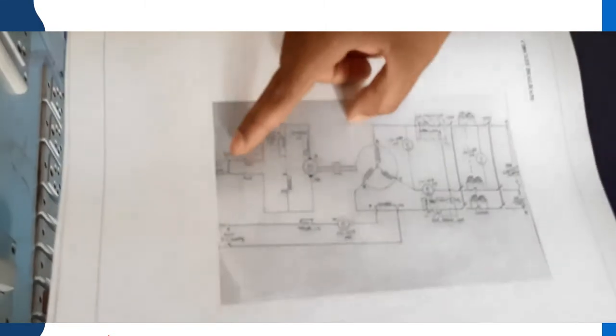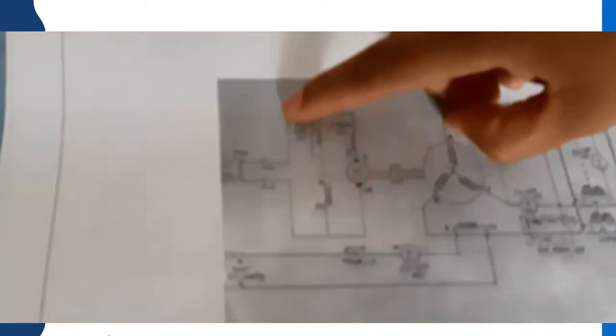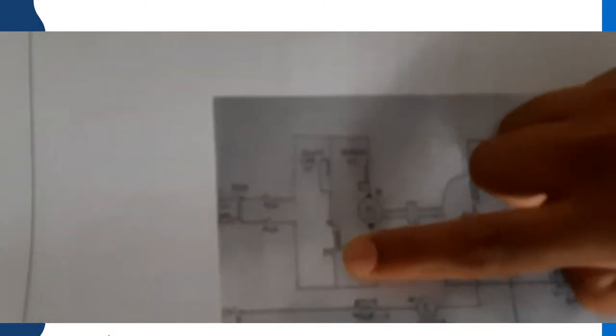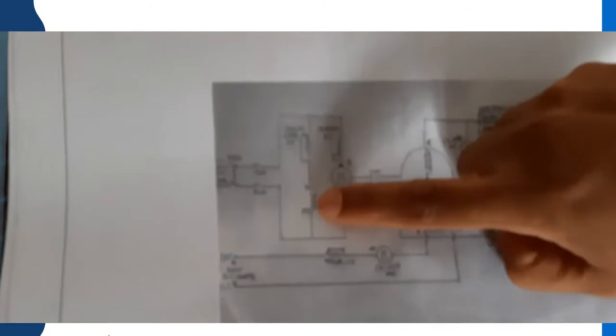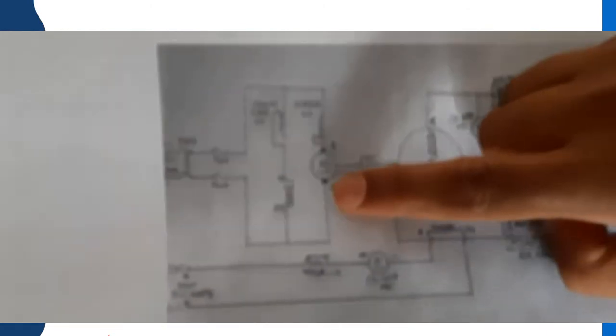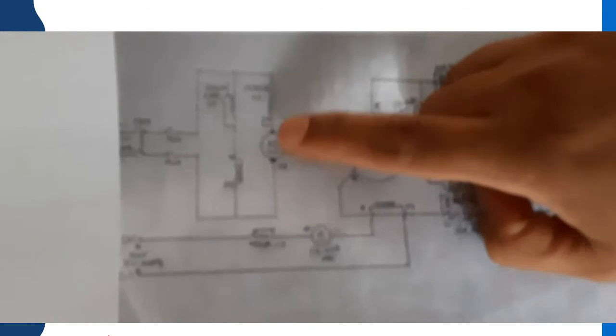So as shown in the circuit diagram, I connected the supply to the field winding of the DC motor, with a rheostat also connected in between. Now the field winding is connected. The next connection is the armature part of the machine.